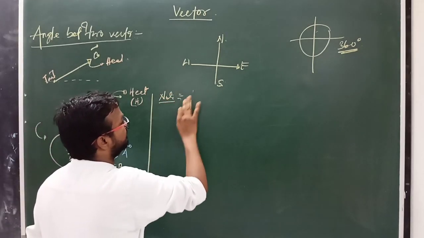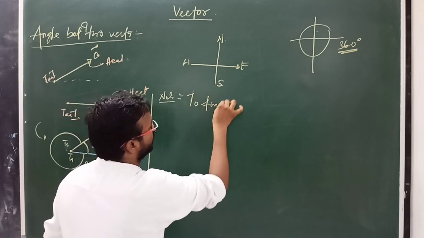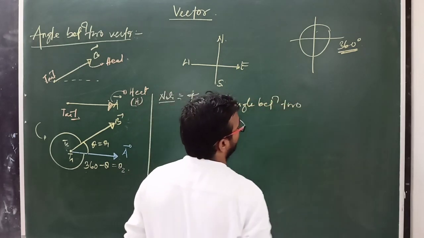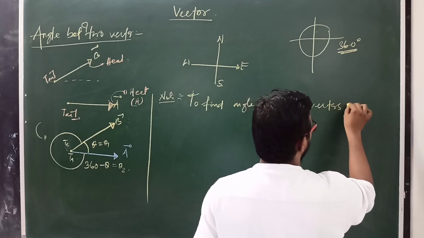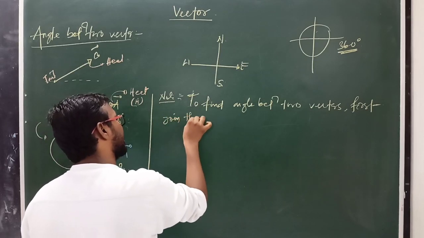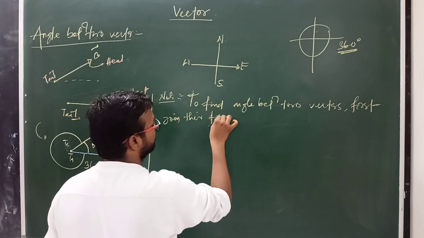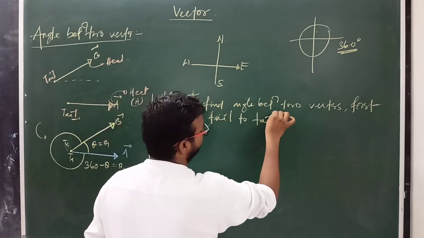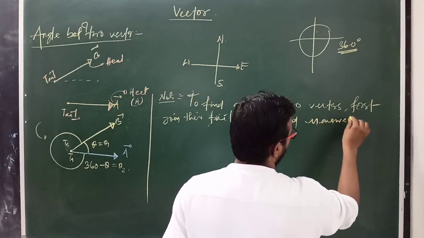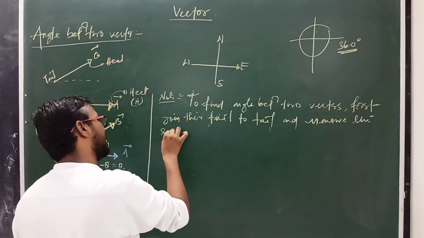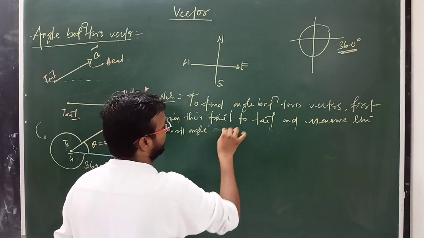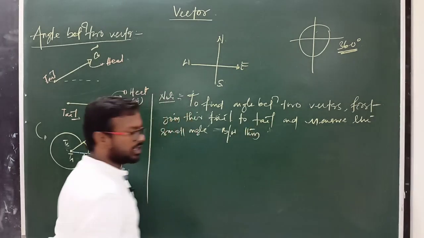First, to find the angle between two vectors, first join their tail to tail and measure the small angle between them.